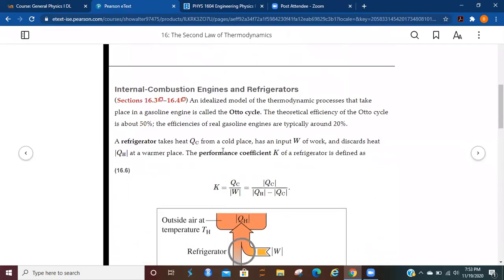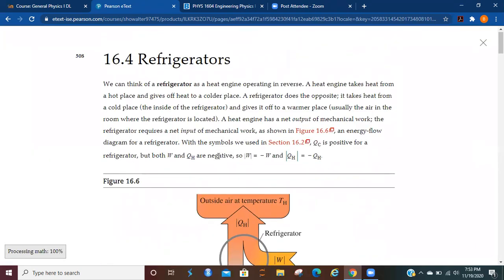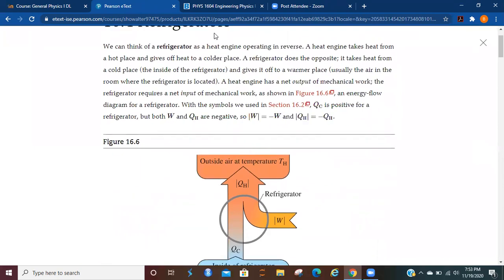So now let's take a look here at 16.4. Again, we're going to look at a heat engine in reverse, and that's going to be a refrigerator. Because we, as humans, have reasons for why we need refrigeration. It helps to deter bacteria growth. It helps keep certain molecules stable.